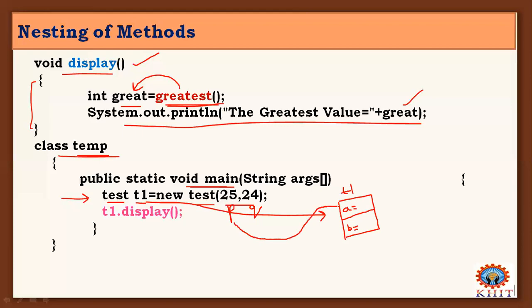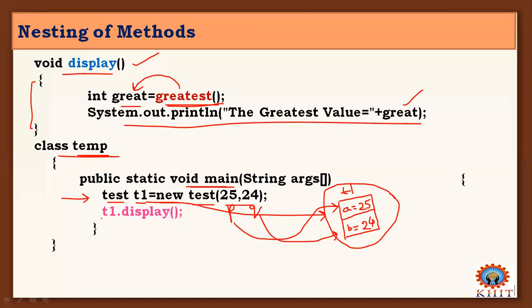So P is used to initialize A, which is 25, and Q is used to initialize variable B, which is 24. So this is the memory snapshot of object T1 when this statement is executed.